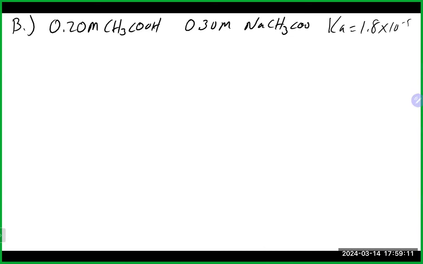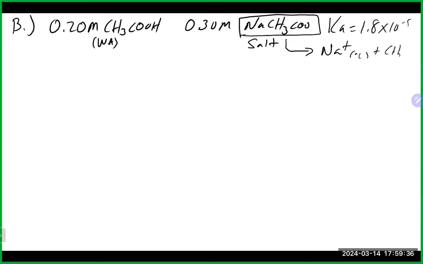All right, so we got a couple of things going for a swim here. We definitely know our weak acid is going to set up an equilibrium. As we talked about a second ago, this, though, is a salt, which means it is not going to set up an equilibrium, right? It's just going to break apart in solution. So this guy's just going to completely break apart into a sodium ion and an acetate ion.